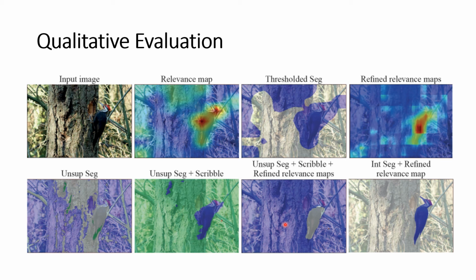Then we can see here that the unsupervised segmentation together with the scribbles with the refined relevance map provides a much better segmentation. And we see here the refined relevance map, and the segmentation results of interactive segmentation with the refined relevance map.